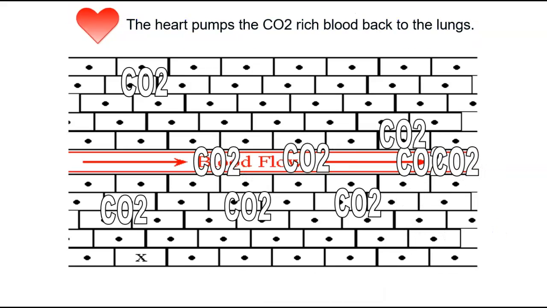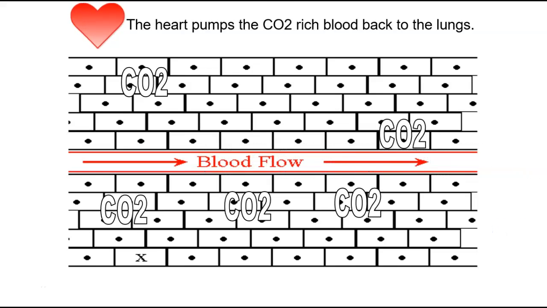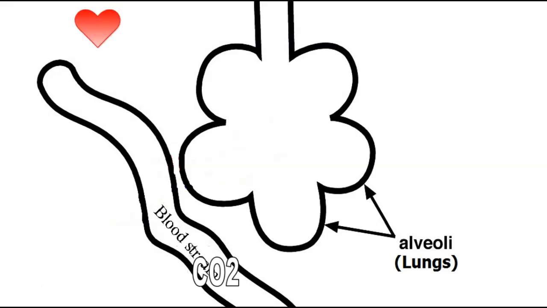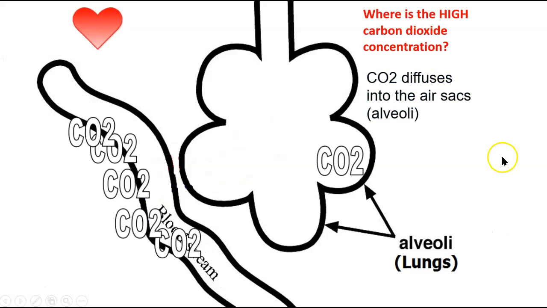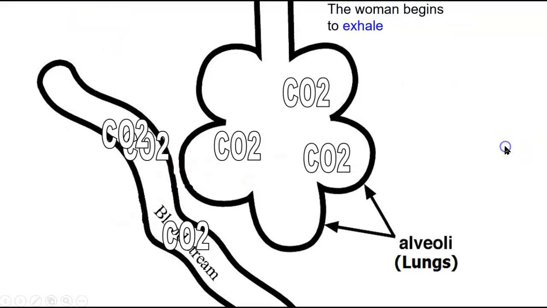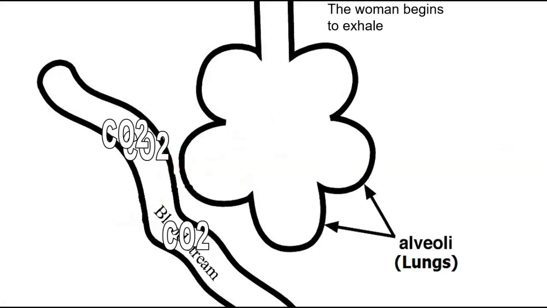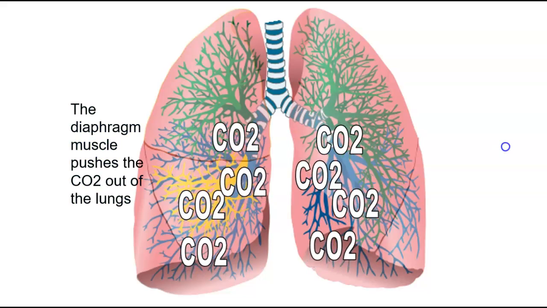The heart pumps and is constantly moving that blood back toward the lungs. And here it comes back to the blood vessels that are in the lungs, and then this carbon dioxide diffuses into the air sacs, and then the woman begins to exhale, and that carbon dioxide goes out of the lungs.